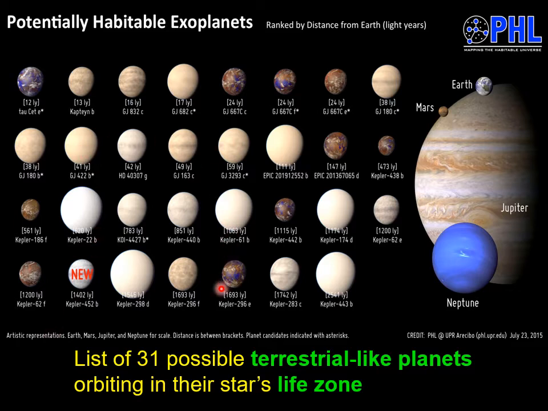And all of these planets orbit inside of the life zone of their stars. So the temperatures could potentially be moderate enough to sustain liquid water. So these would be high candidates for future exploration and study for extrasolar life.